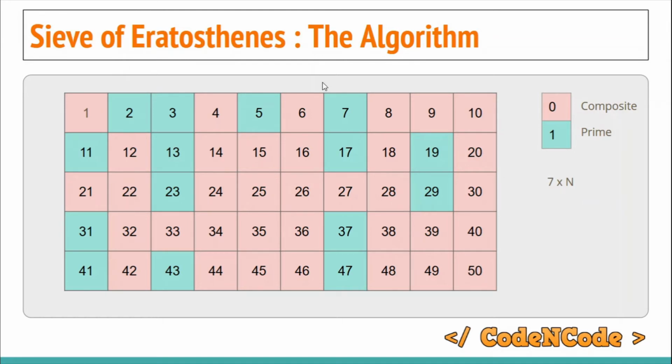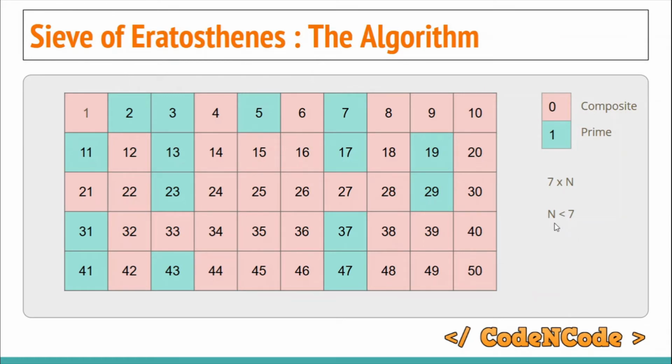We mark all the multiples of 7, but we start from 7 squared. For the rest, that is if n is less than 7, the multiples below the 7th multiple of 7, that is the second, third, fourth, fifth and sixth multiples, we don't have to mark them because those are already marked.